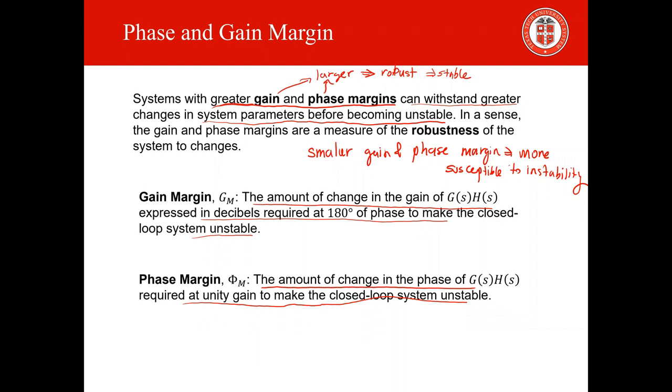Okay, so we saw this for the Bode plot, right? We're talking about the magnitude being below that 0 dB, which we talked about was 0 dB corresponding to a magnitude of 1. And when we had our phase plot at 180 degrees, that's where we saw this gain margin.